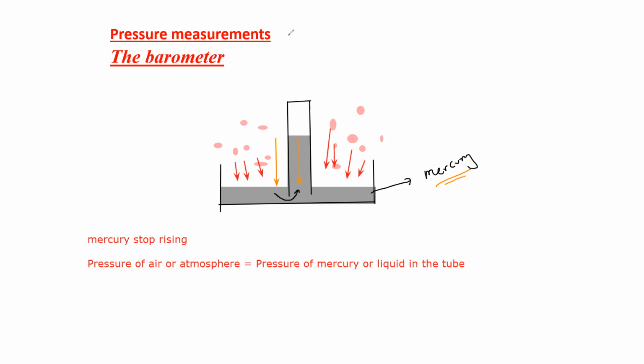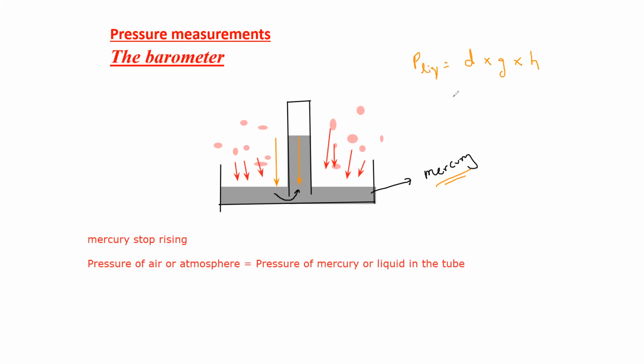And how can we find the pressure of the mercury? Because mercury is a liquid, the pressure exerted by the liquid is equal to density of the liquid multiplied by gravity multiplied by height.